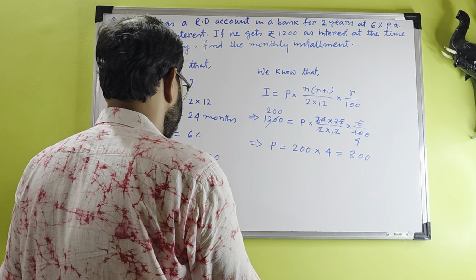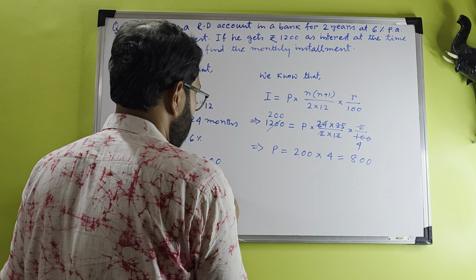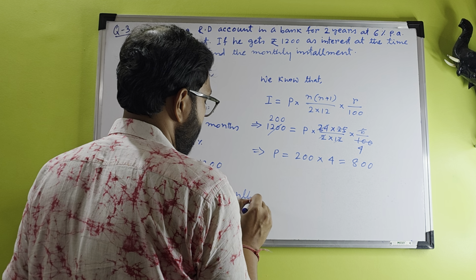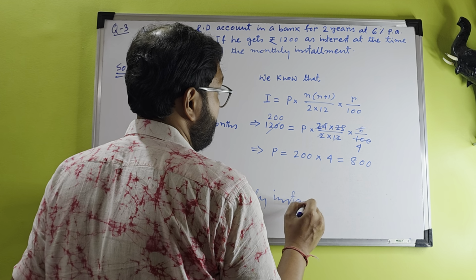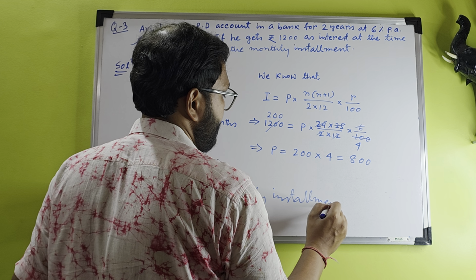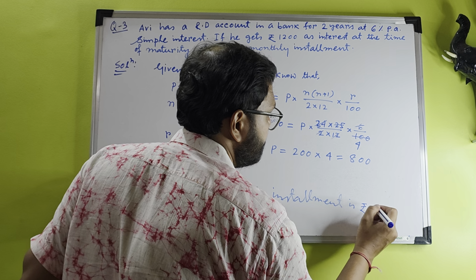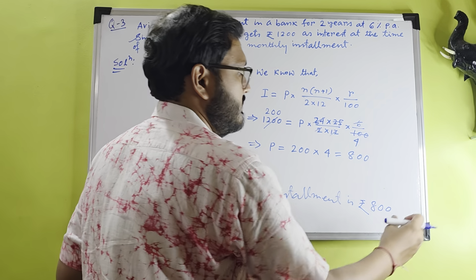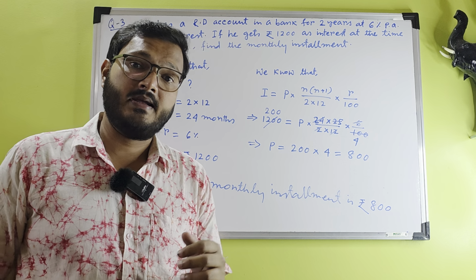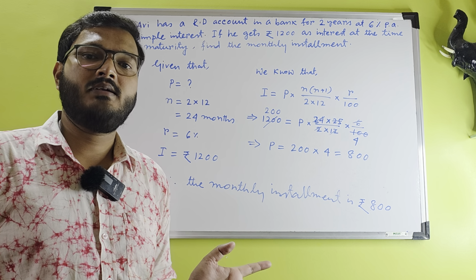So you have to write, hence the monthly installment is rupees 800. I don't need to give this one. Yeah, rupees 800. I hope this sum also clear.